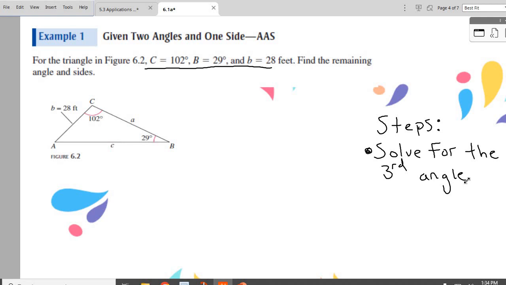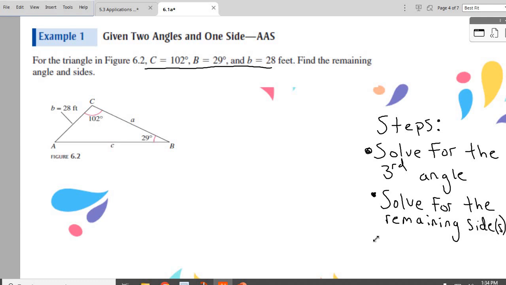Yes? Cool. So after that, depending upon what it asks you for, you're going to solve for the remaining sides. Or if it just asks you to solve for one of them, then you just have to find one of them.